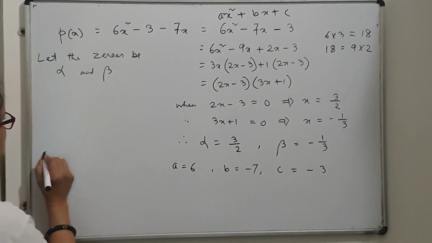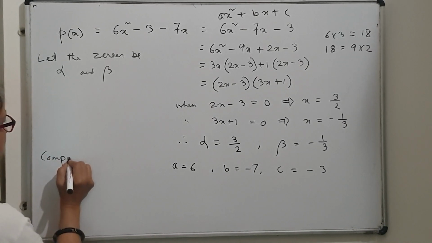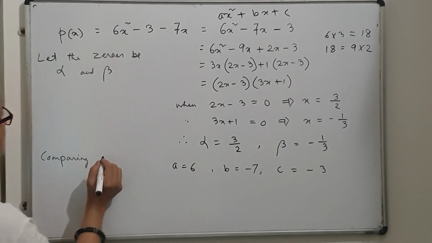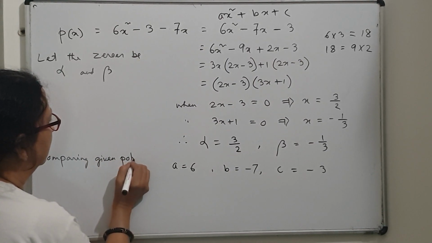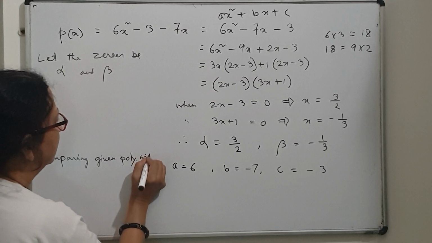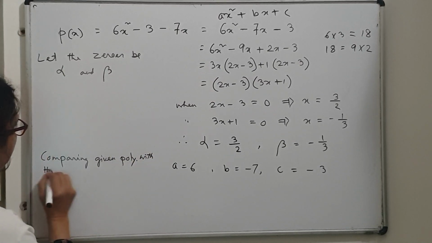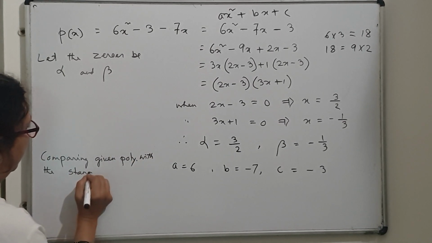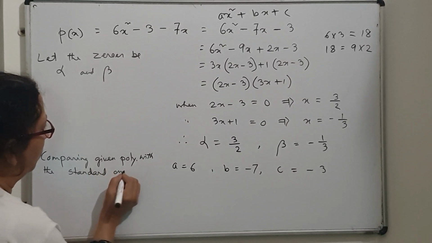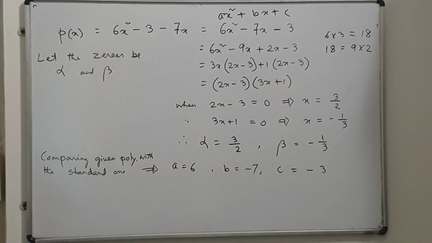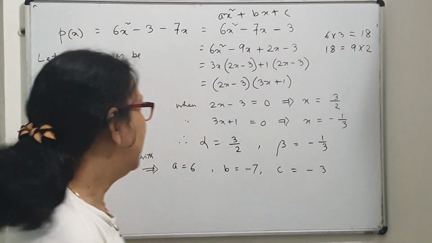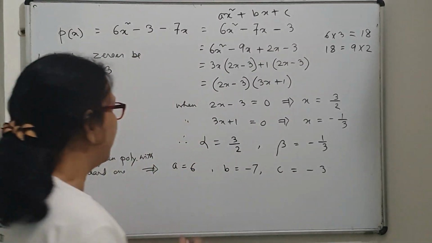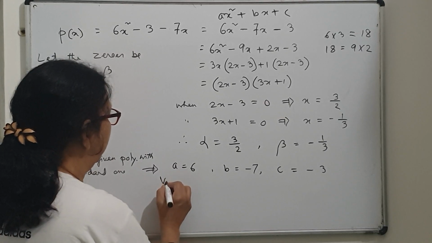Comparing the given polynomial with the standard one, I can find the values of the coefficients. a, b, c are the coefficients. Now I have to verify the relationships. Two zeros, two relations.